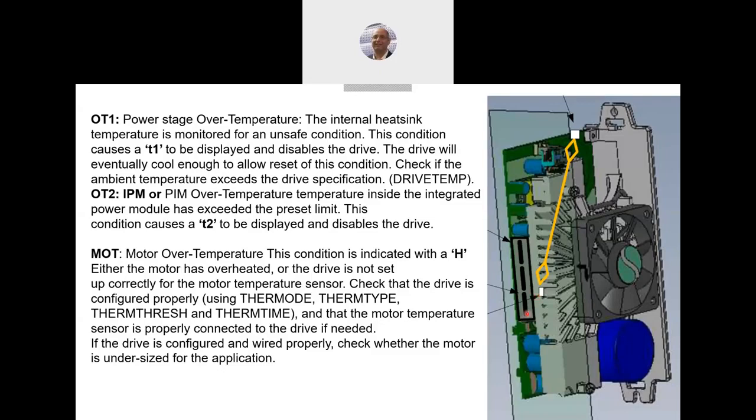So where do we measure the temperature? First, we have the junction inside the PIM or IPM, and this has to be below 120 degrees. And here, this is where we get the information of the power module, the power stage.